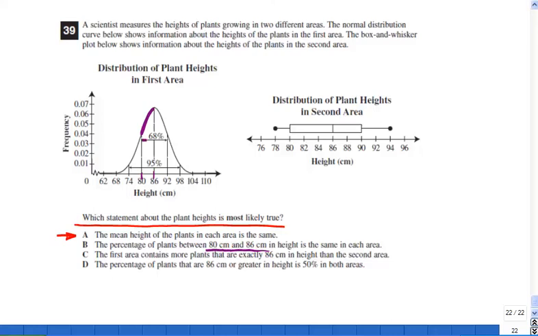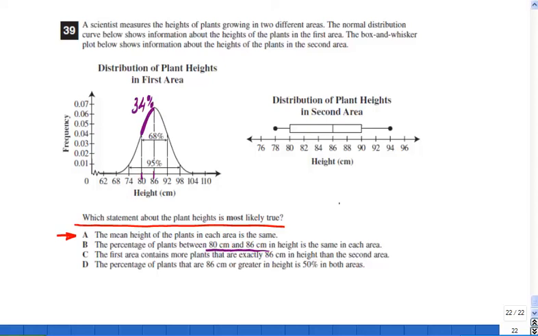And for that part, I can actually determine the percentage of plants that will have heights between 80 and 86 centimeters, right? What is that percentage? Well, it will be half of 68, which is what? 34%.